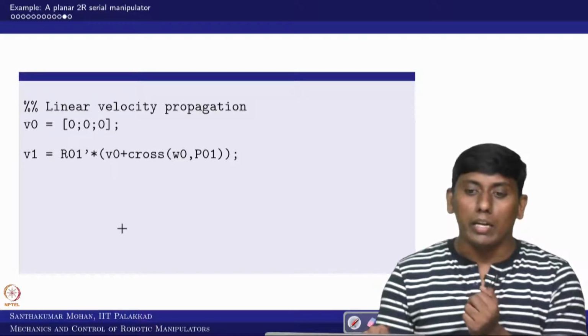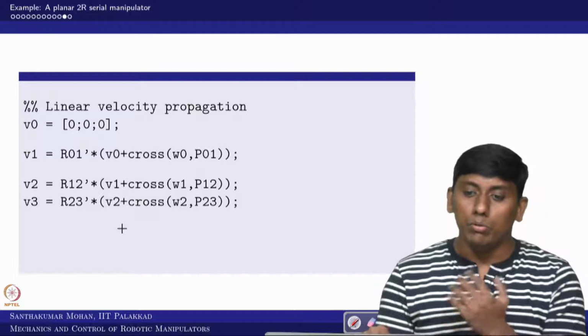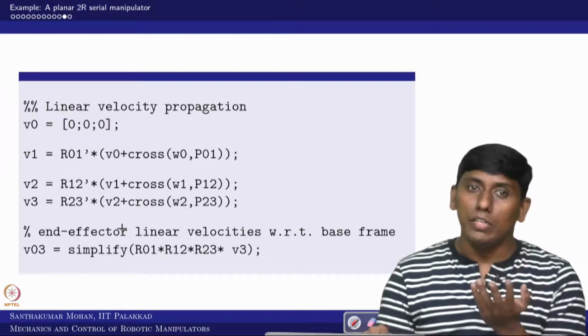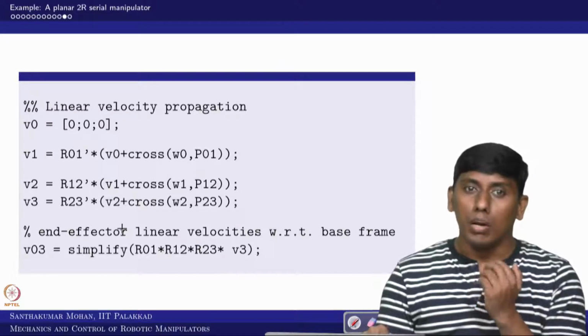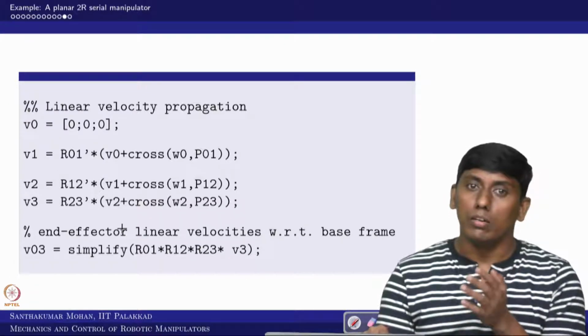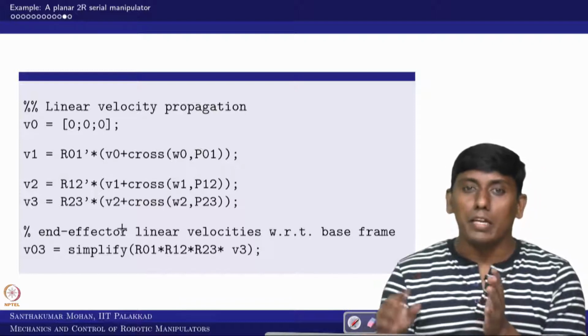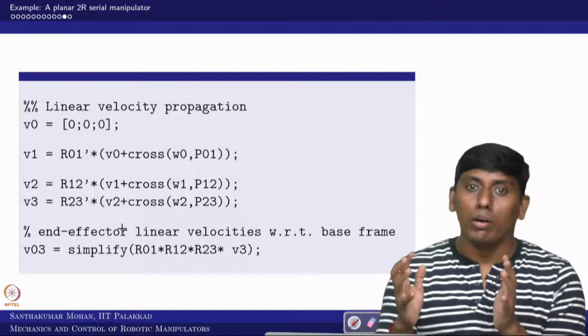Once you calculate V1, then V2 and V3 we can calculate. Once you calculate V3, you can get the V03, in the sense the velocity of the third frame with respect to the 0th frame.